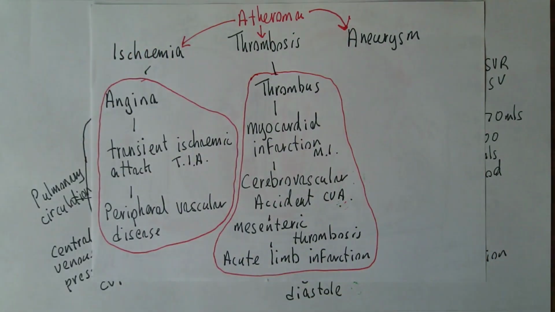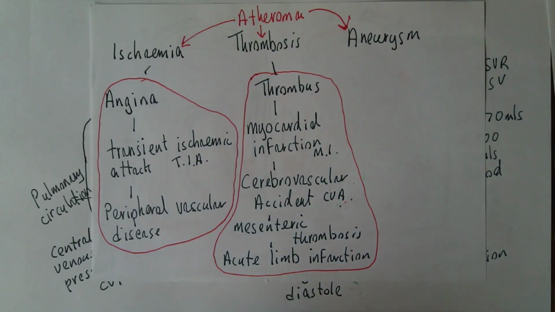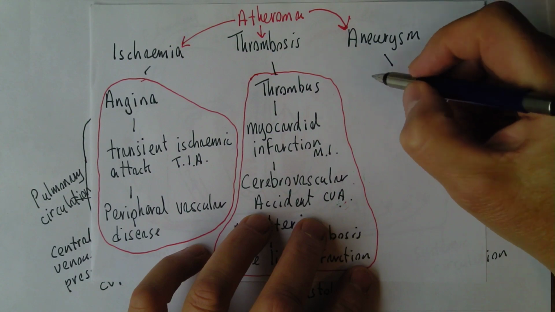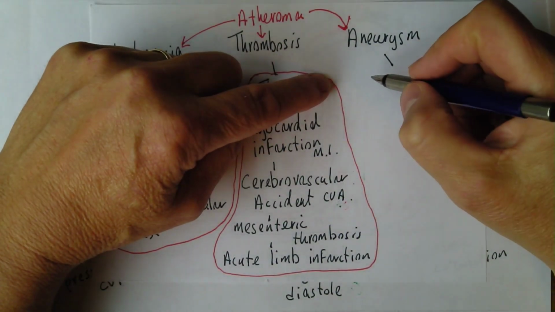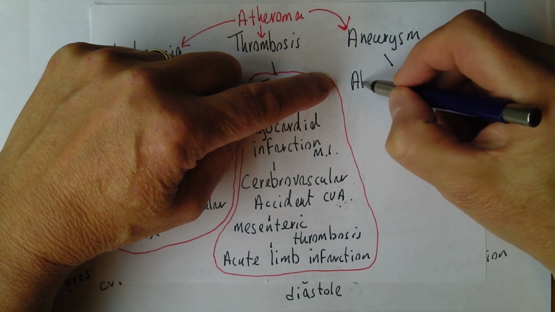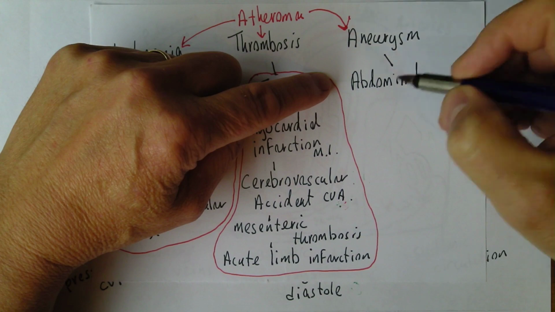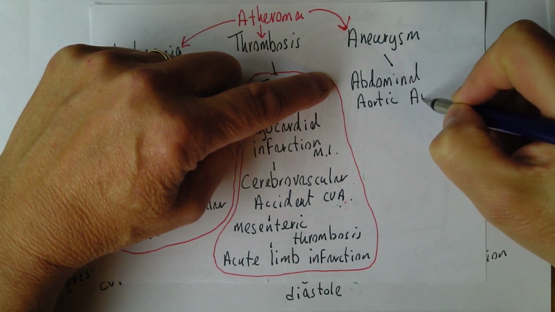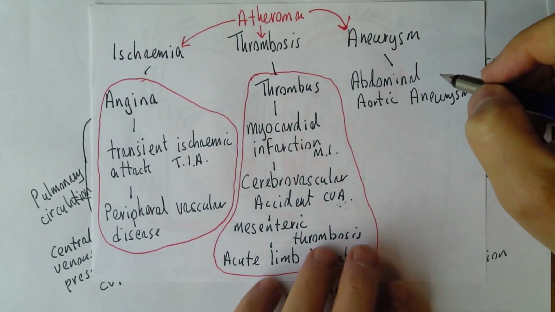Now, aneurysm is a weakness in the wall of the blood vessel, and that can affect the aorta, for example. It can affect the abdominal aorta, causing an abdominal aortic aneurysm, known as an AAA.